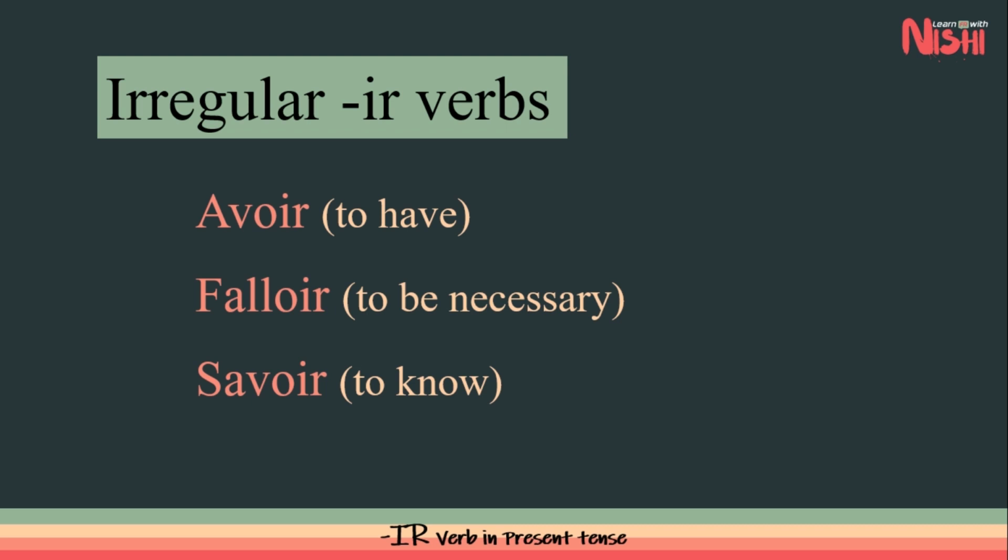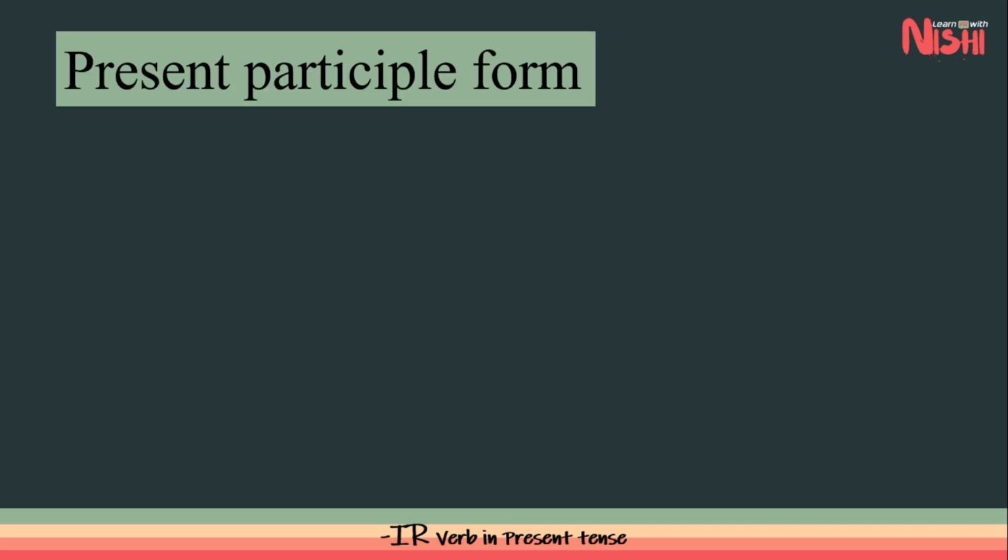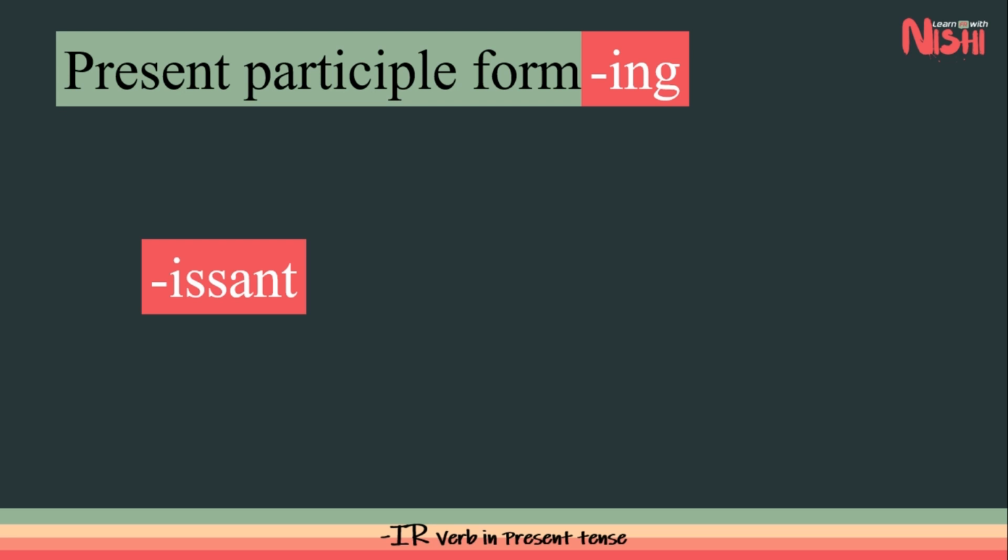Well, sadly, there is no hard and fast rule for this, but there is a little trick. We can recognize the regular IR verbs from their present participle form. Like in English, the present participle ends in ing, and here regular IR verbs end in ISSANT.